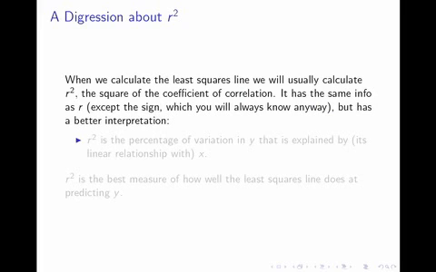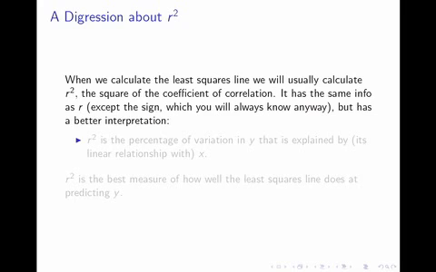While we're on the subject of interpretation, I have to talk about r squared. When we calculate the least squares line, we will usually not calculate r, we'll instead calculate r squared. It contains almost the same information. Of course, it forgets about the sign of r, so there's a loss there, but usually you know the sign of the relationship, so that's not very important.